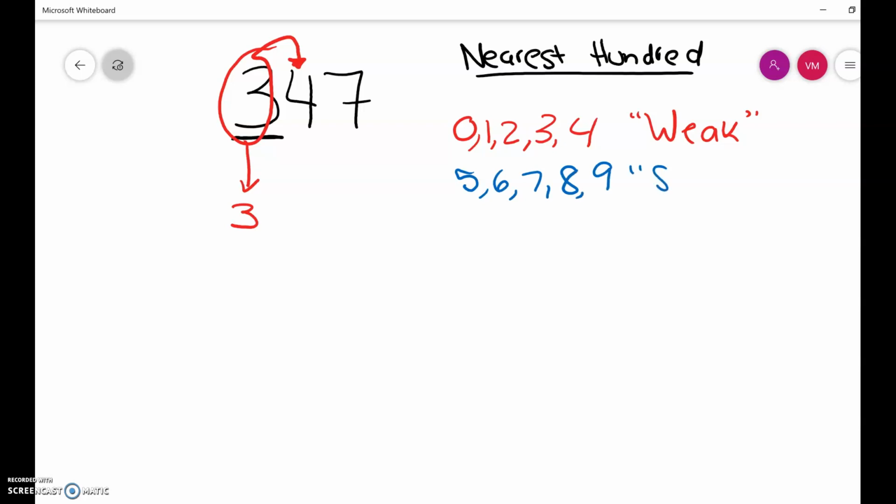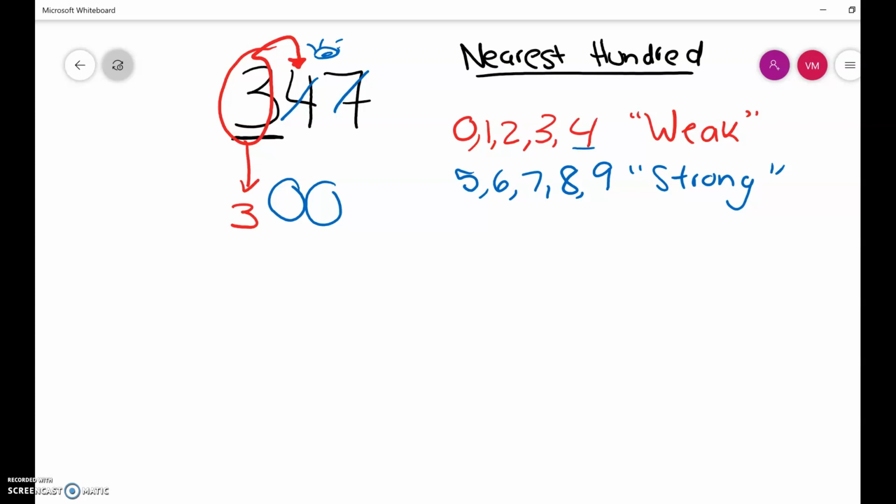These are the strong digits, the ones that are able to round the number up to the next digit. So as you can see, the one we were looking at is this 4. But the digit 4 is part of the weak digits. Therefore, this becomes 0 and 0. So 347 is rounded to the nearest 300.